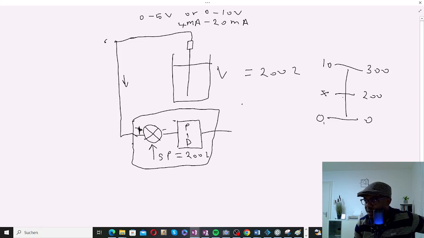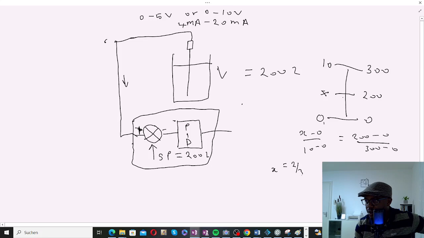So we can say x minus 0 over 10 minus 0 is equal to, we go to this place, 200 minus 0 over 300 minus 0. So at the end of the day, we have 2/3 times 10. So your x is equal to 2/3 times 10.